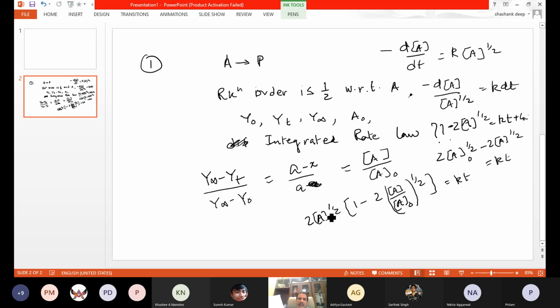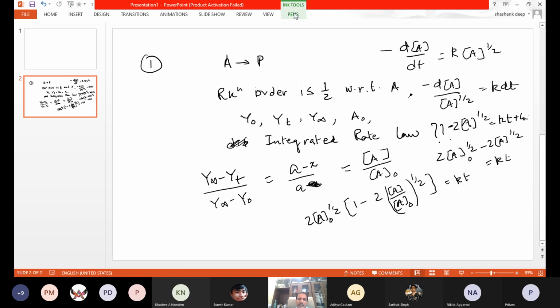In pressure, the constant is going to be same for A and P, but for conductivity, the constant is going to be different for A and P. In that case also we proved that y infinity minus yt by y infinity minus y0 is equal to concentration of A at given time divided by initial concentration of A.